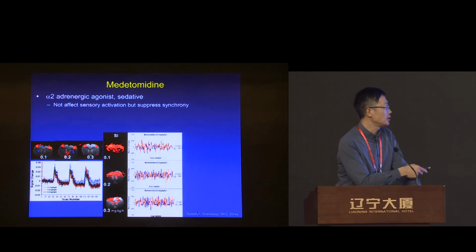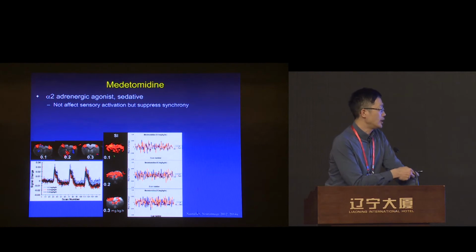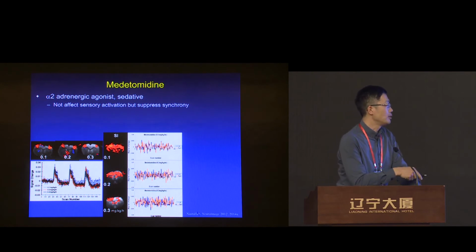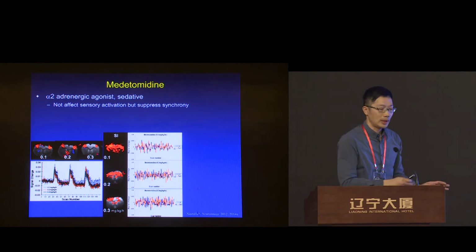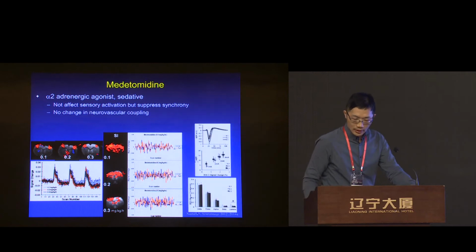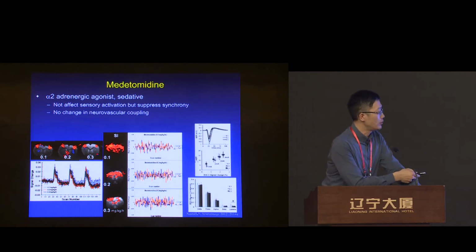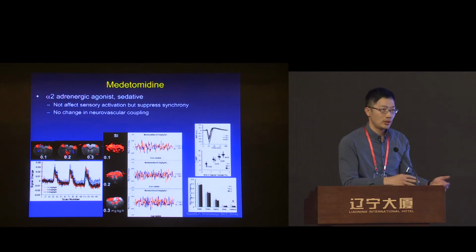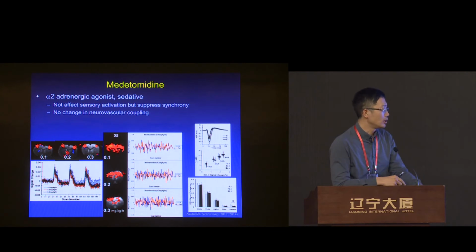But when you look at the resting state network, you can see a dramatic reduction of bilateral connectivity. And from the BOLD signal trace, you can clearly see that it becomes asynchronous. We confirmed using electrophysiology that this dose dependency doesn't change the neurovascular coupling. So what we're seeing is not due to a change in the vascular response, and it truly reflects a suppression of the gamma synchrony, which has been suggested to coordinate cortical communication.